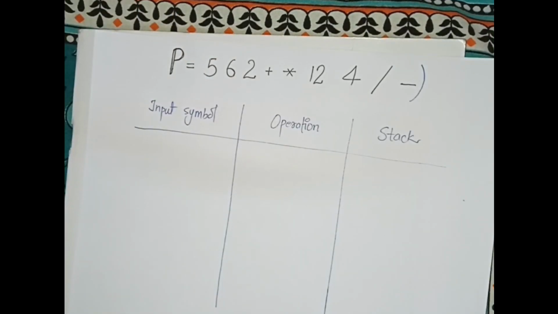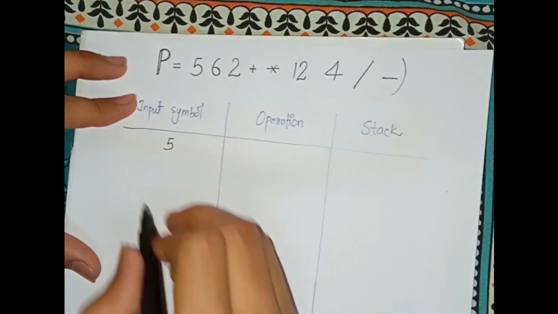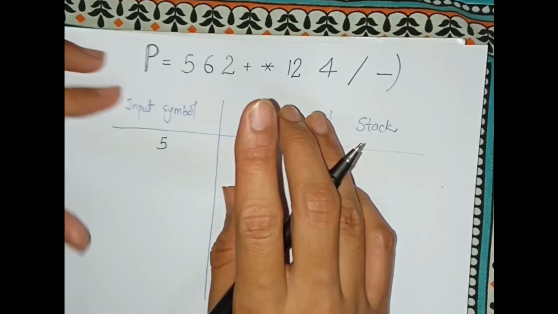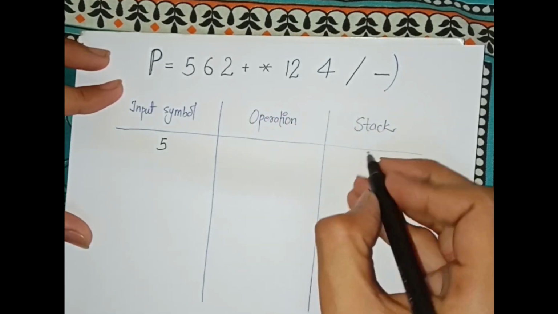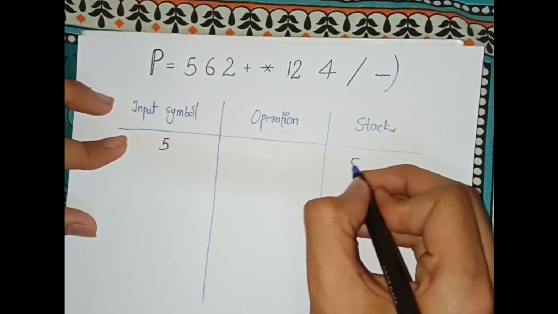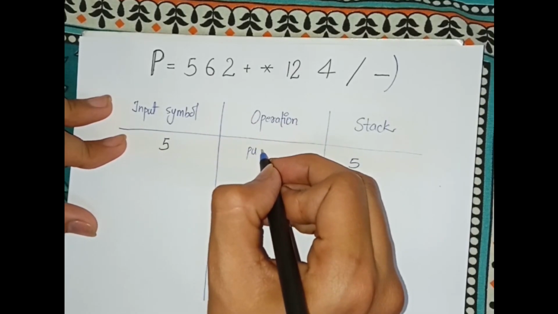Okay, so let's see. The first element here is 5. Step 3 was to push the operand into the stack. If it is an operand, we put it into the stack. So here we will write 5, and for operation we can write push.